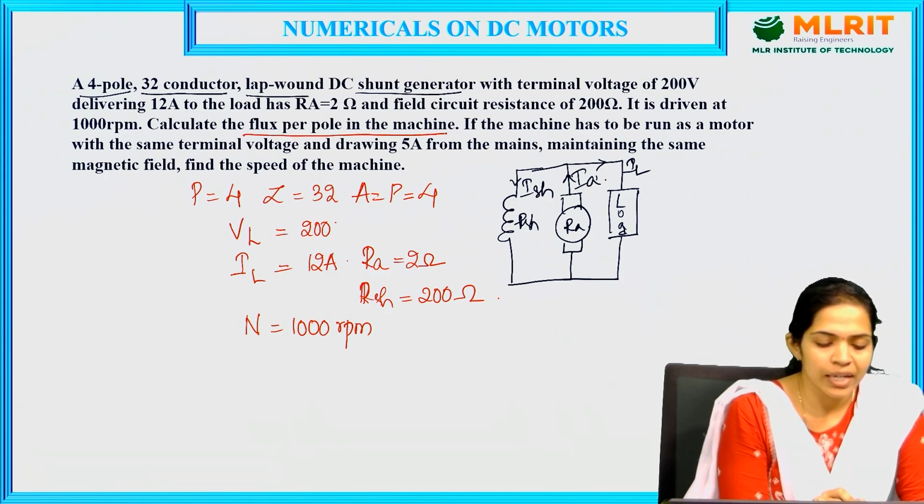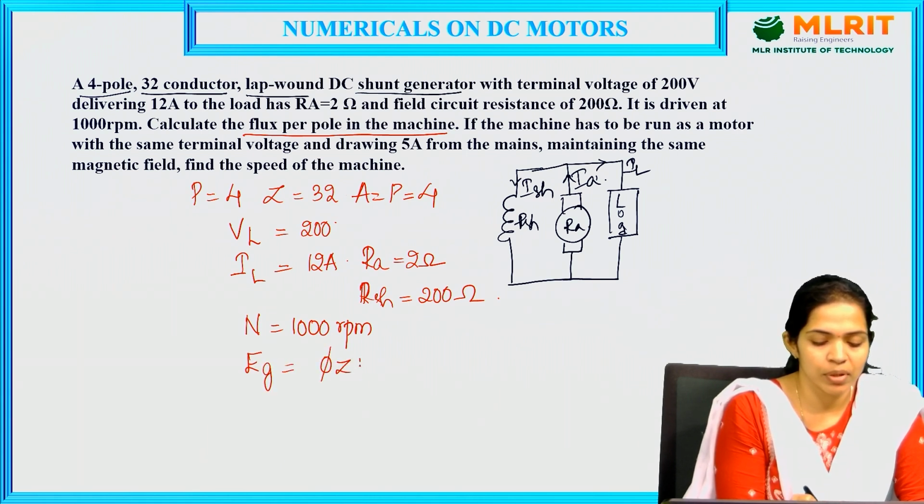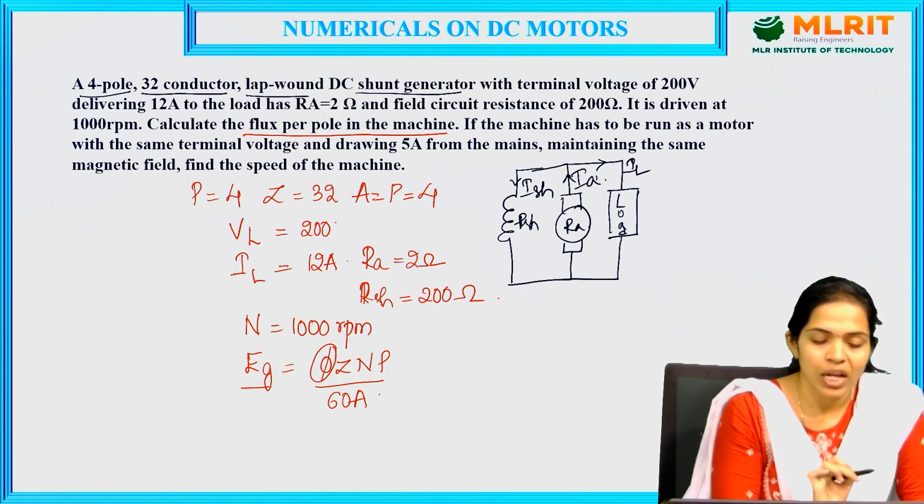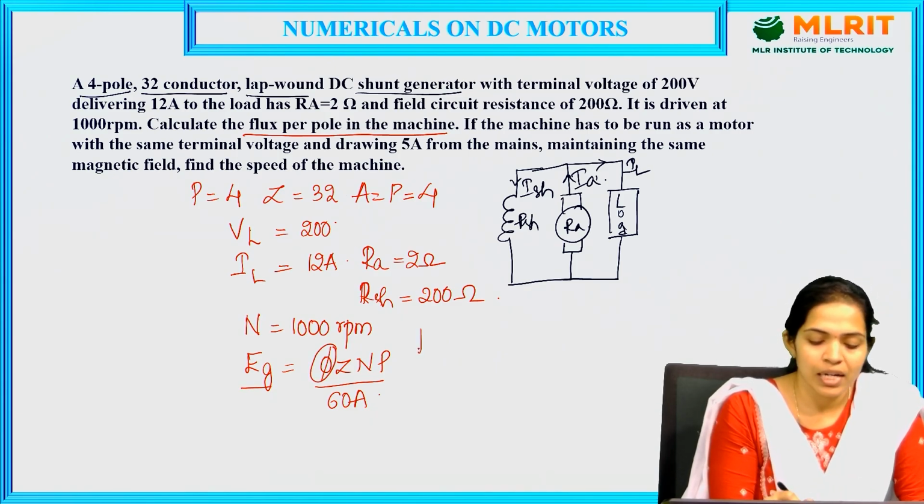To calculate the flux per pole in the machine, we have Eg, which is nothing but ZNP by 60A. So we need to calculate flux here. Before that, we need to calculate the Eg value. For a shunt machine, Eg is equal to V plus Ia Ra.